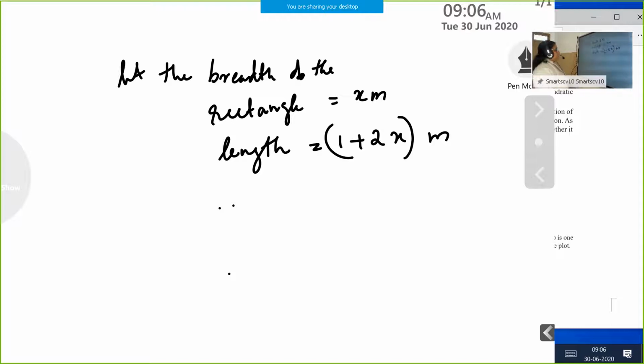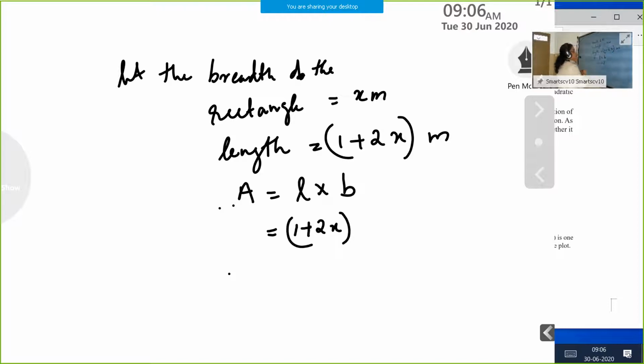Clear? Then area is equal to L into B. L is 1 plus 2x, breadth is x. Area is equal to 1 plus 2x into x.